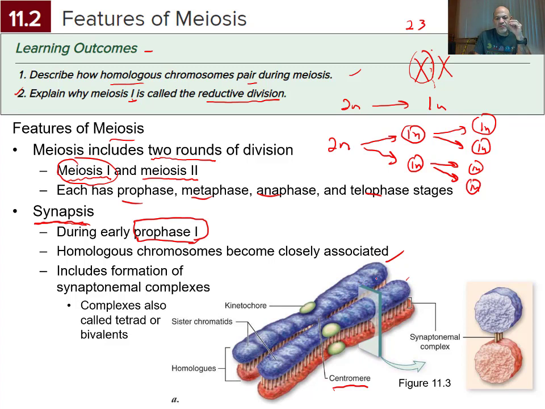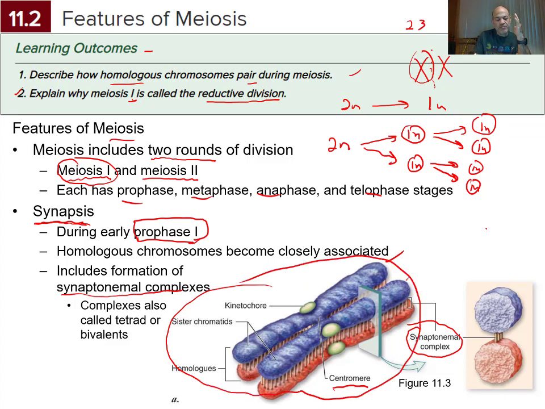But during prophase, the pairs find each other and form proteins that form what we call a synaptonemal complex. Synaptonemal, like synapsis, complex. And the entire structure now includes both homologs, so it includes a homologous pair. And if this were humans, we would have 23 of these during this process.